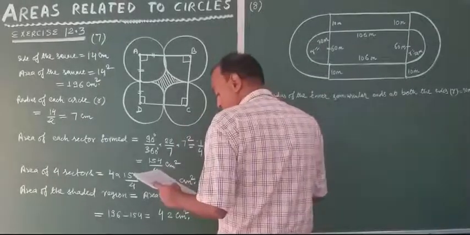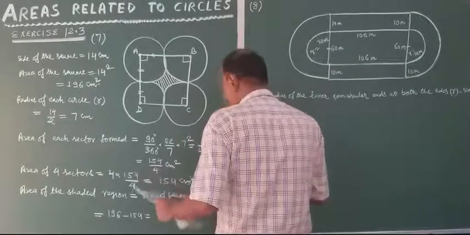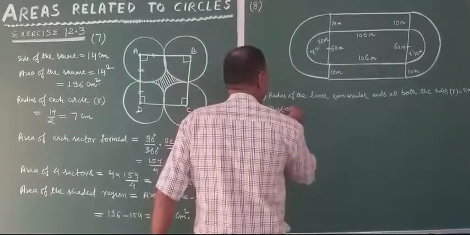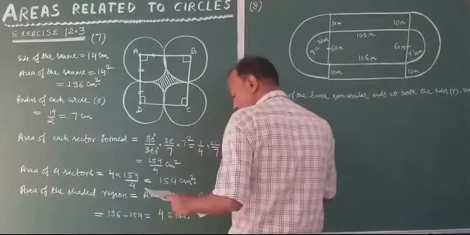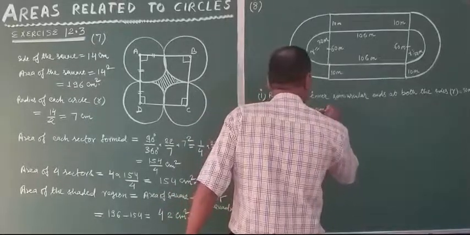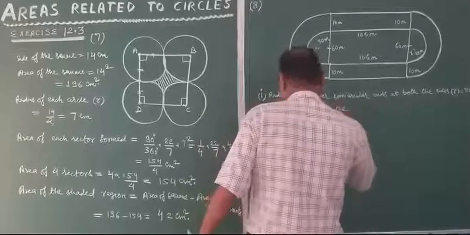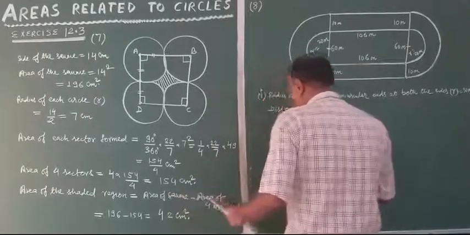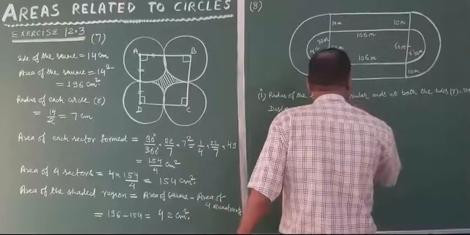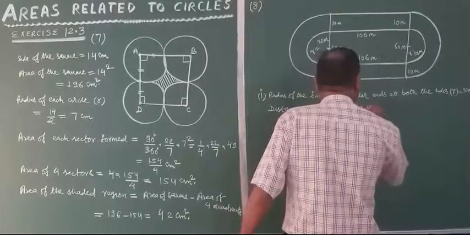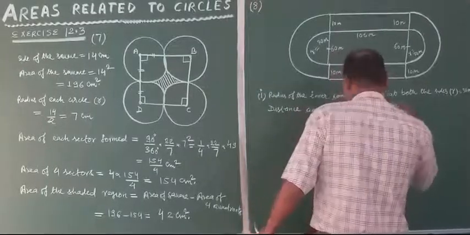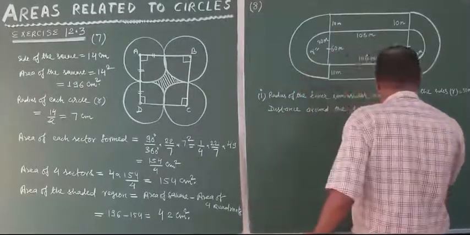Now, the distance around the track along its inner edge.